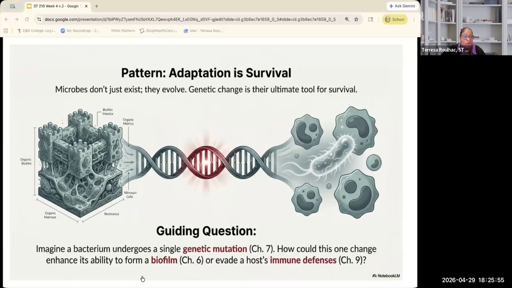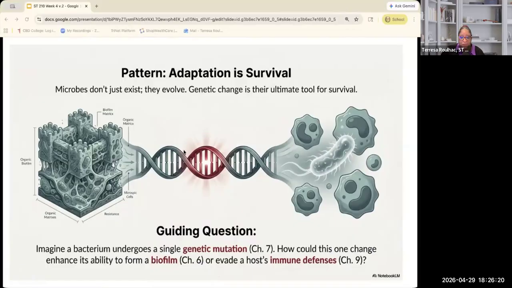With that, they also don't just live in environments, they change, they adapt, they survive them. A microbe doesn't need dozens of changes to gain an advantage. Sometimes just one genetic mutation is enough. So let's walk across the image together.